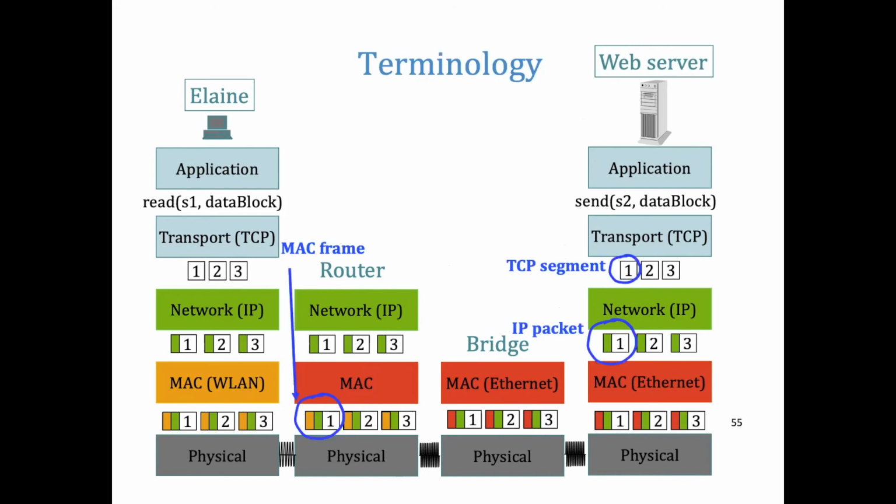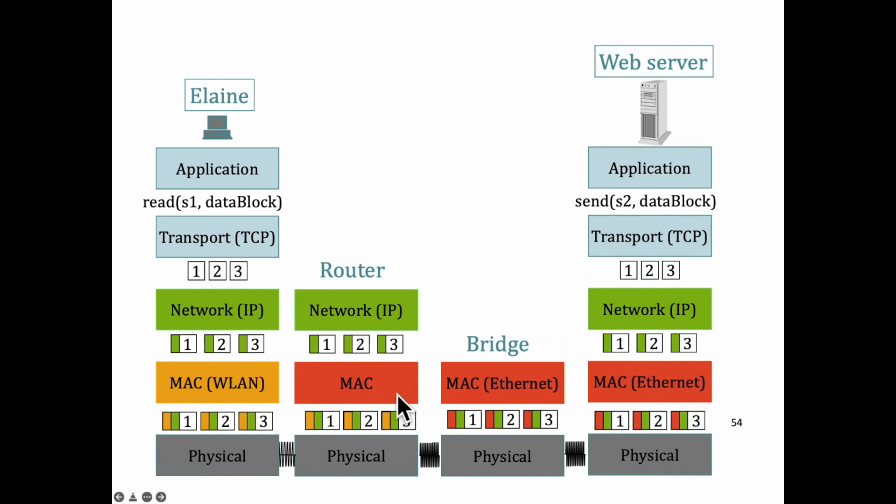Let's fix some terminology. Just a question, how does the router have the same LAN, if I understand correctly, as the web server and the receiver, because here we have orange and red. So it means they are the same LAN, but... Oh, that's a great question. Routers come between several LANs. I mean, that's the point of routers.